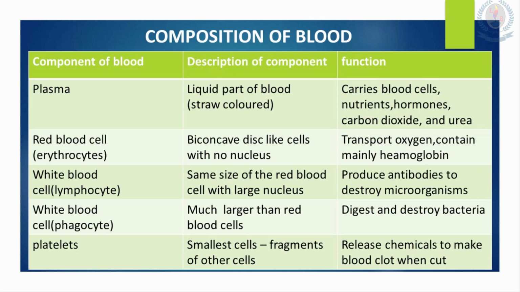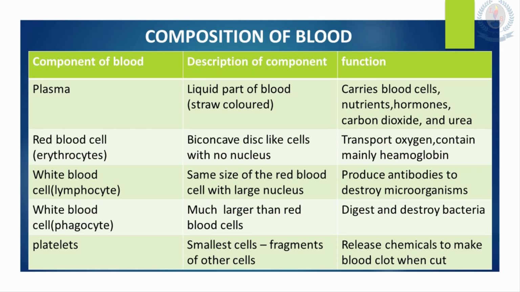Then white blood cells. There are two types of white blood cells, lymphocytes and phagocytes. Lymphocytes are around the same size as red blood cells. They have a large nucleus and their main function is to produce antibodies to destroy organisms.